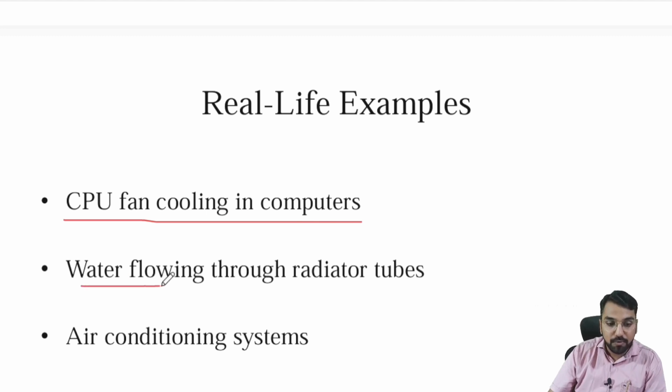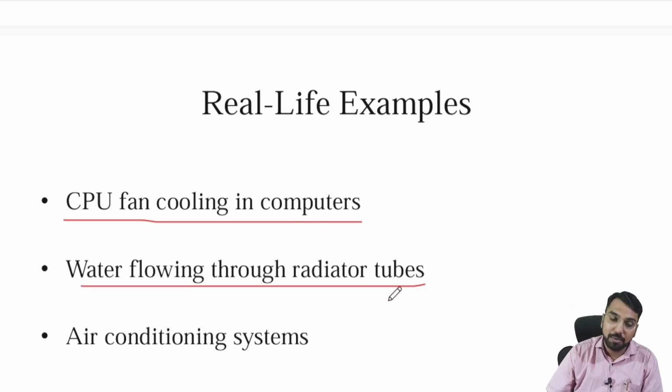Another example is water flowing through the radiator tubes in IC engines or normal cars. Radiators use a water pump to flow the water with more velocity, so more mass is transferred, and that's why we get more cooling effect.